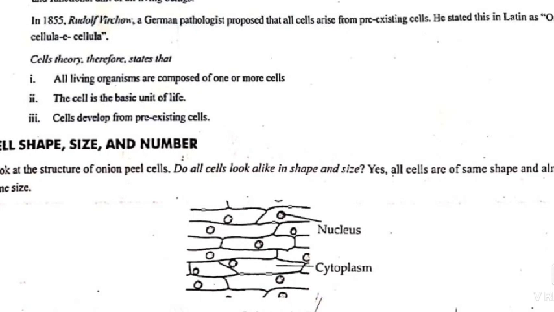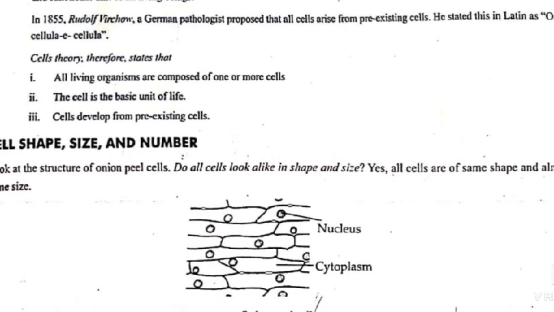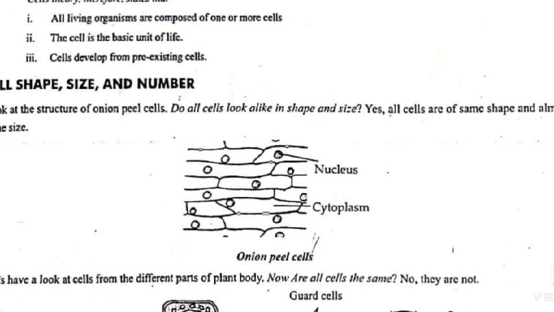Within the cell, ribosomes are found not only in the cytoplasm but also within two organelles, chloroplasts and mitochondria, and on the rough endoplasmic reticulum. Animal cells contain another non-membrane bound organelle called the centriole, which helps in cell division. Next, cell shape, size and numbers.